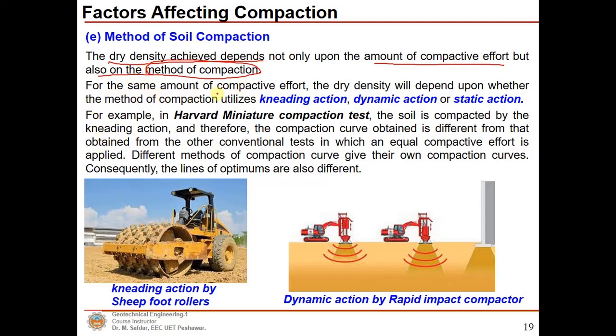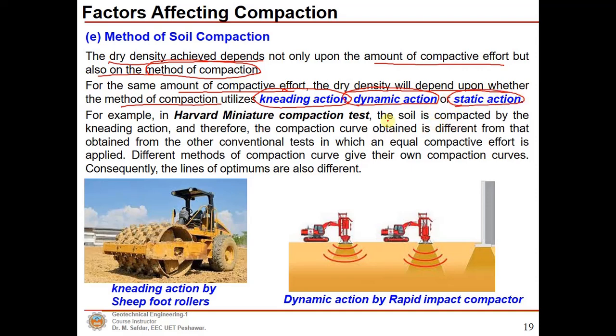For the same amount of compactive effort, the dry density will depend upon whether the method of compaction utilizes the kneading action, mixing or squeezing the soil, or the dynamic action, applying a dynamic load, or applying a static load on that particular soil.